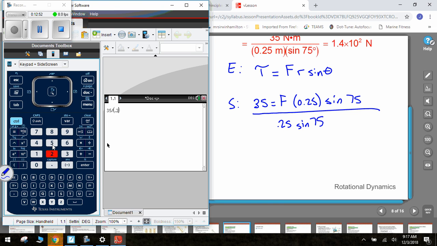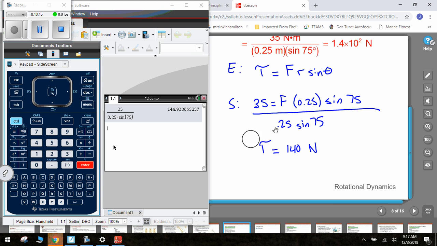So that'll be 0.25 sine 75. Hit enter. You get 144.9. But we only have 2 sig figs, so that rounds it to 140.